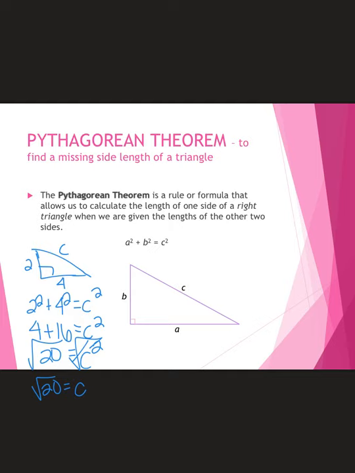And if you are giving a decimal answer, My Math Lab may tell you if it wants it exact, you'll leave your square root. If it is a rounded decimal answer, you will find the square root. And on your calculator, that is the second and then the x squared key.